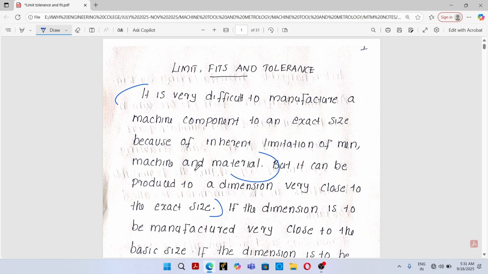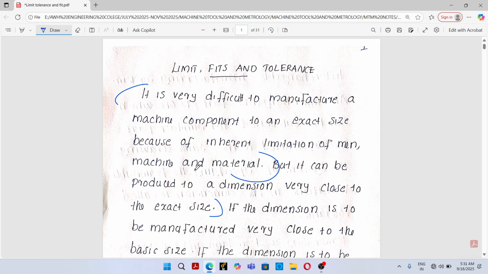So the actual size will be very close to basic size. And if the actual size is very close to basic size, the cost of production will be increased.